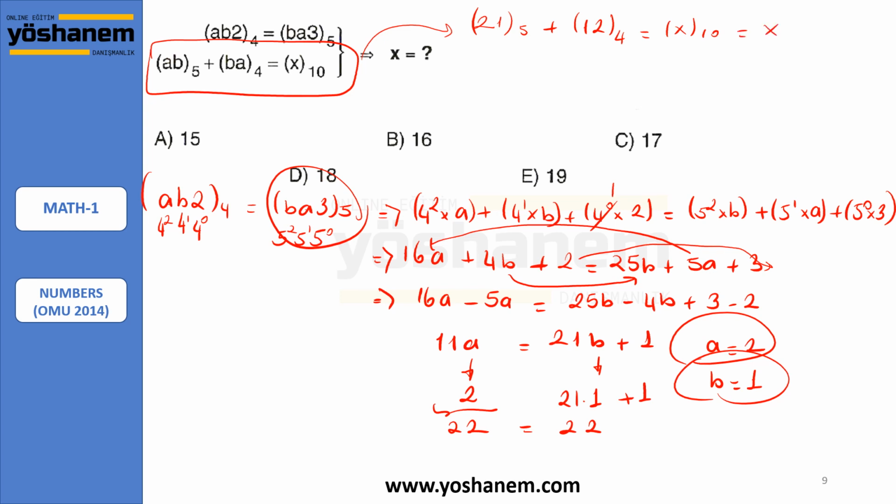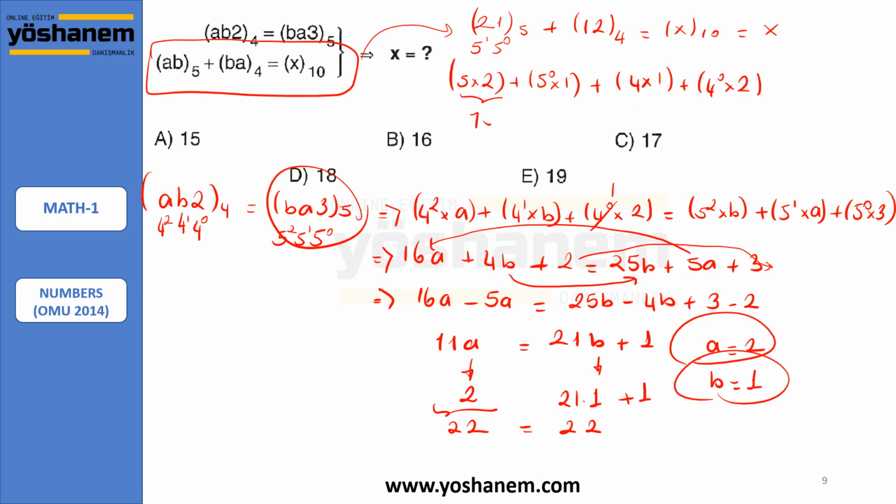This one, 5 to the 0 power, 5 to the first power: 5 times 2 plus 5 to the 0 power times 1 plus 4 times 1 plus 4 to the 0 power times 2.